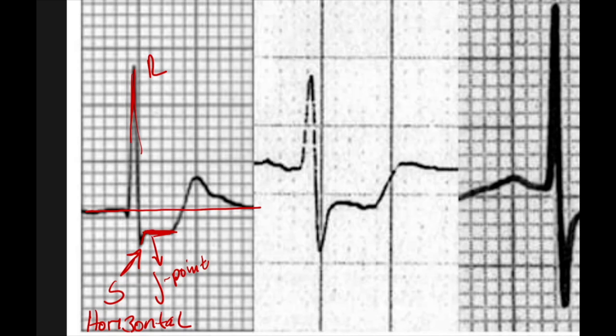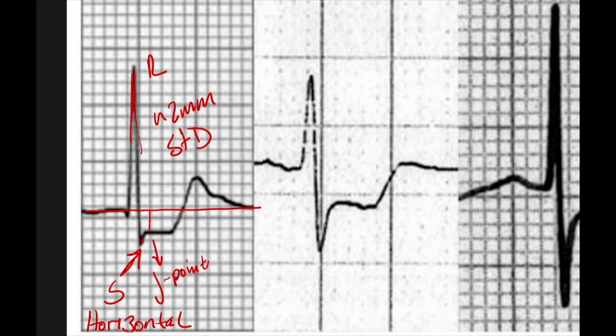So here's our baseline. We see that that J point is about 2 millimeters of ST depression. And it's horizontal. So that may be concerning.